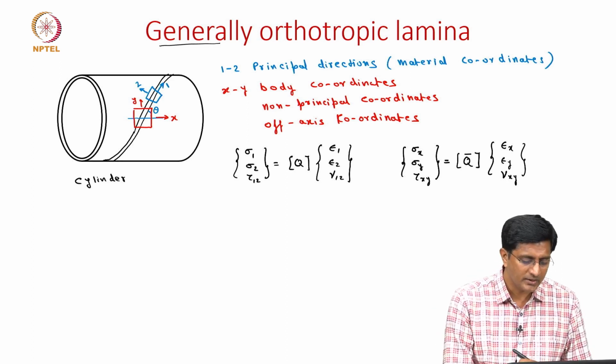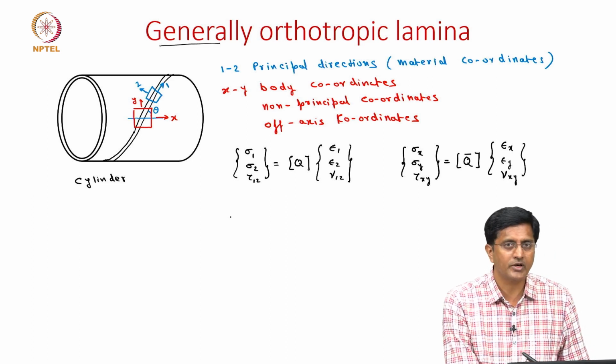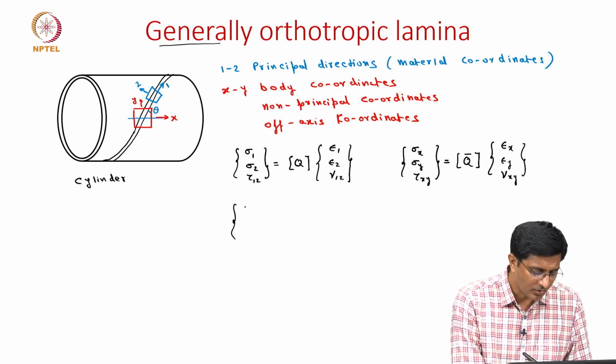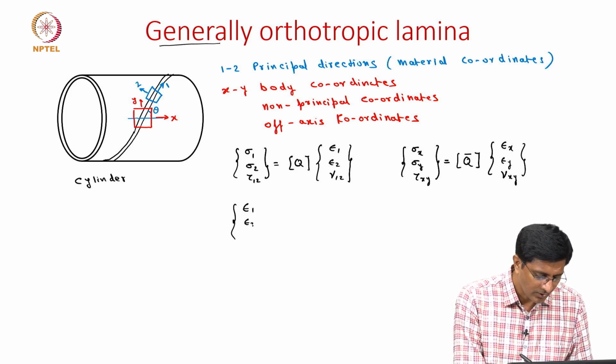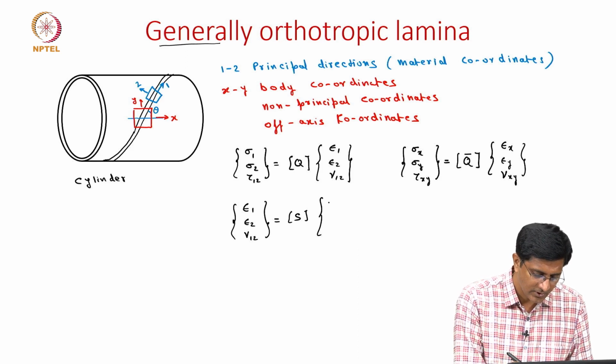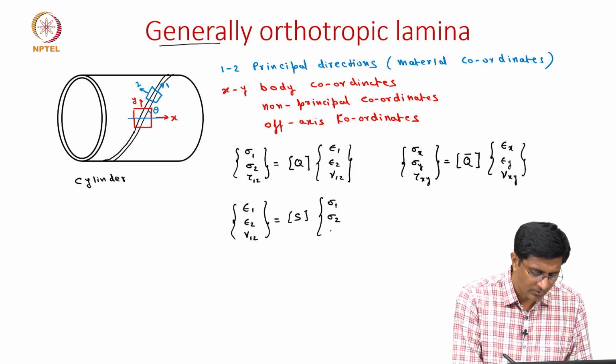Similarly, we can also write the strain stress relations where we write the compliance matrix, but let us start with the material coordinates again. Epsilon 1, epsilon 2, gamma 12 is written in terms of the compliance matrix S times the stresses sigma 1, sigma 2, tau 12.